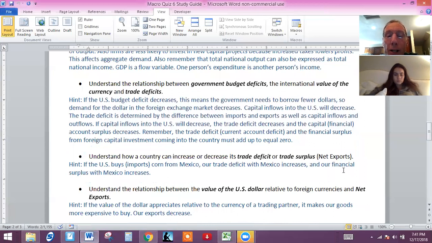But the simple way to think about this is that whatever the difference between our imports and our exports is the current account deficit. So if our imports are greater than our exports, then we're going to be in deficit, and that's the current account.